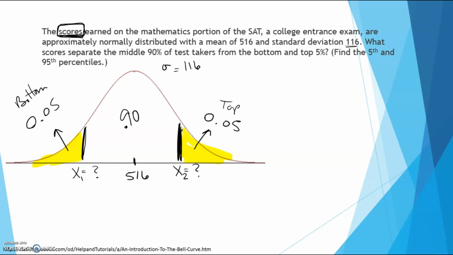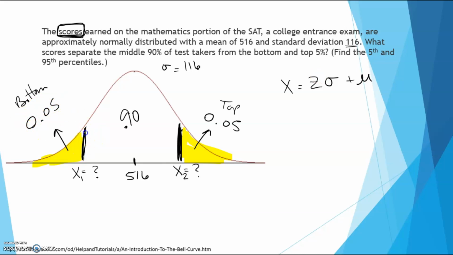So what we need to do is use this formula, z times sigma plus mu. I've got my mean, that's 5/16, and my standard deviation, that is 1/16. I need to get my z-score, and they gave me this number right here.